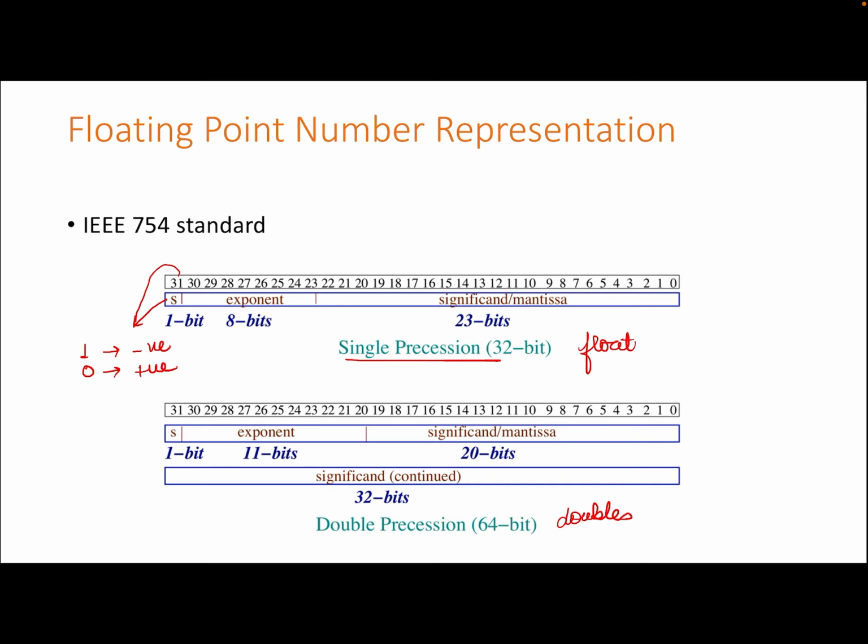The next 8 bits, or 11 in case of 64-bit representation, store the value of the signed exponent of 2, that is, 2 raised to power 6 or whatever. And the remaining 23 bits are for the significand or mantissa.